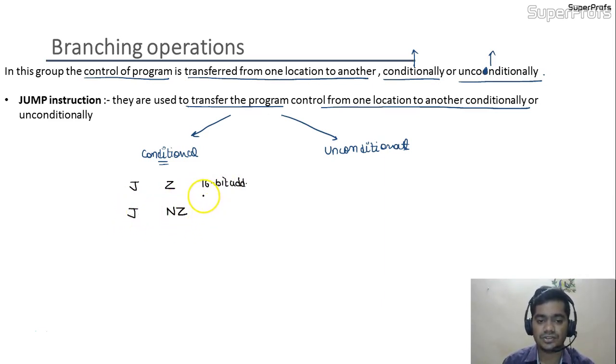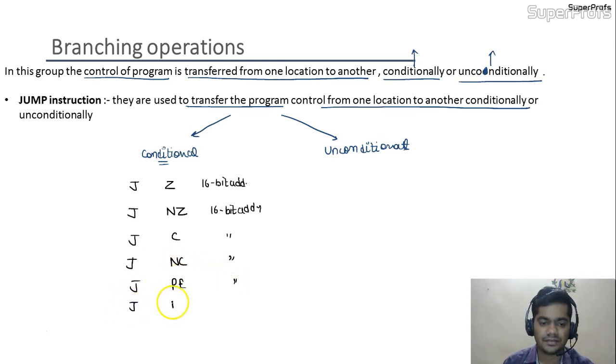Jump if carry is generated to a 16-bit address. Jump if no carry is generated to a 16-bit address. Jump if parity is set to a 16-bit address. Jump if parity is reset to a 16-bit address. Jump for negative number. Jump if result is positive.